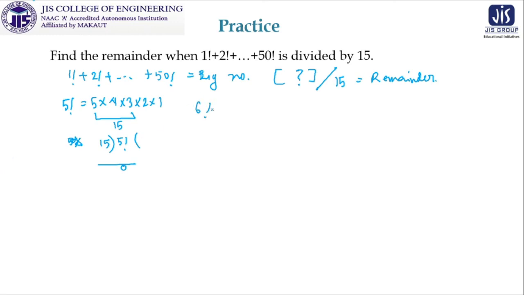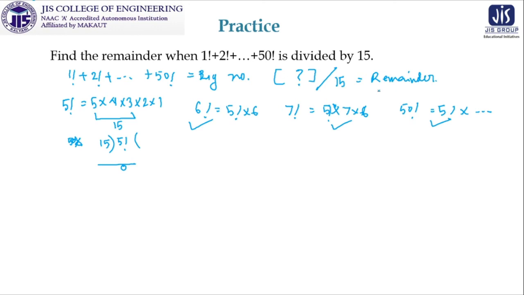So 6 factorial is 5 factorial into 6, divisible. 7 factorial, 5 factorial into 7 into 6, divisible. 50 factorial, 5 factorial into something, divisible.